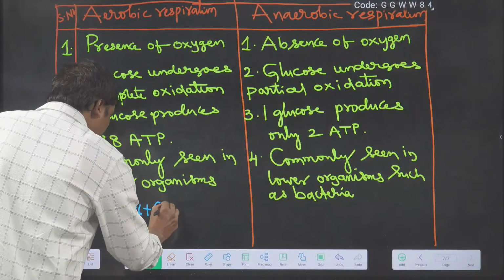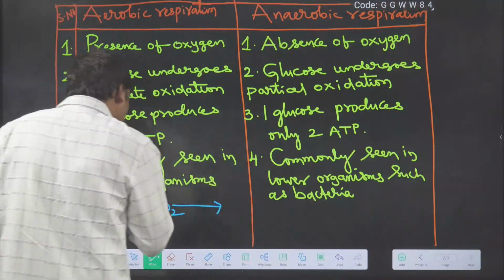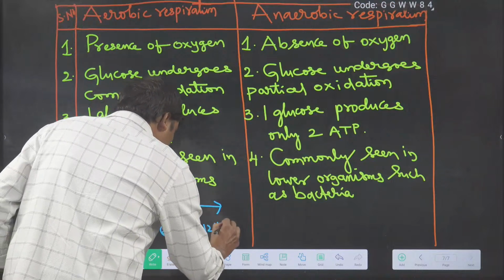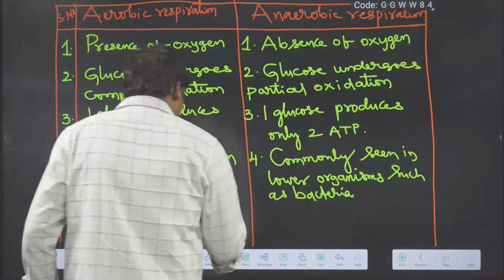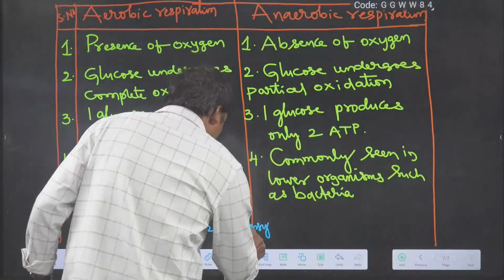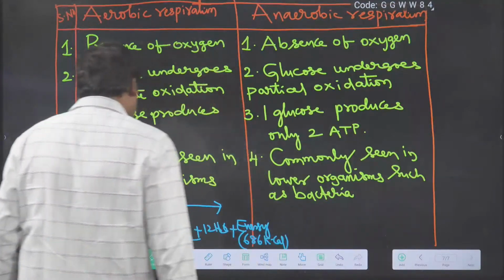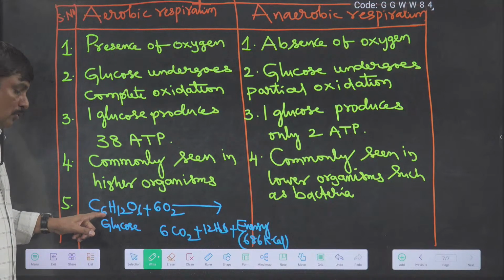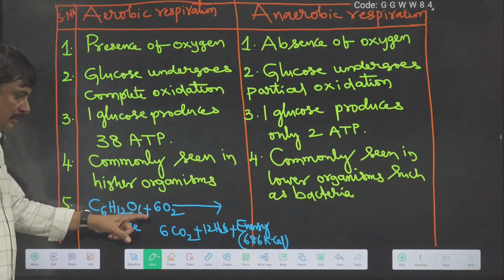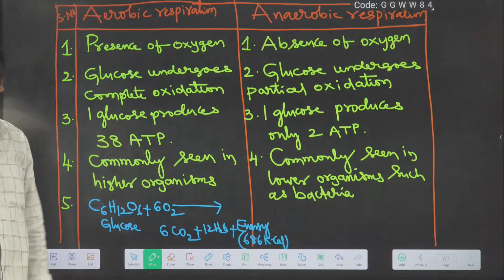In the presence of oxygen, it liberates 6CO2 plus 12H2O plus energy. Approximately 686 kilocalories of energy is produced. So glucose undergoes complete oxidation, and CO2, water and energy are liberated.